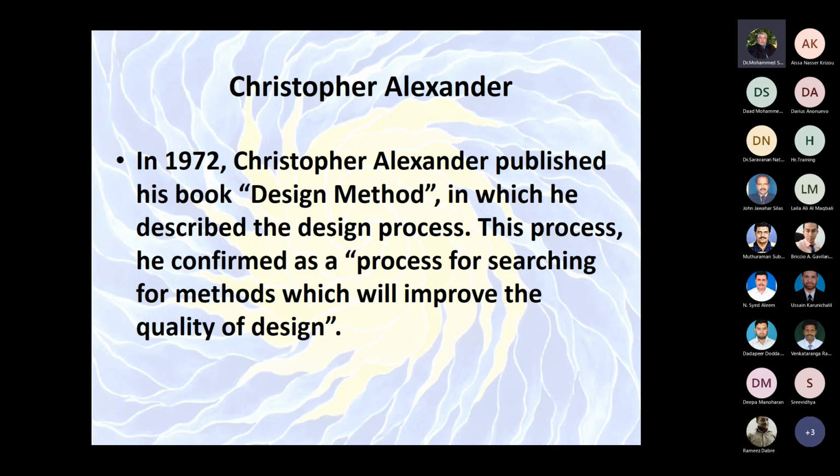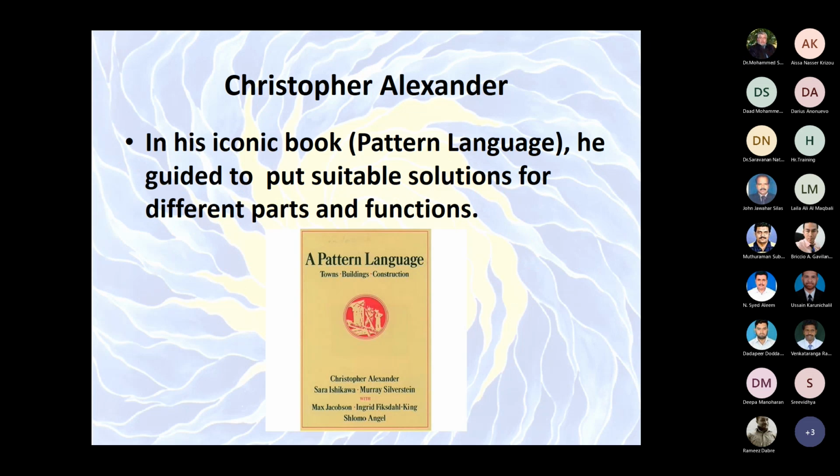Also, one of the key figures in that period was Christopher Alexander. In 1972, Christopher Alexander published his book, Design Methods, in which he described the design process. He confirmed this as a process of searching for methods which will improve the quality of design.